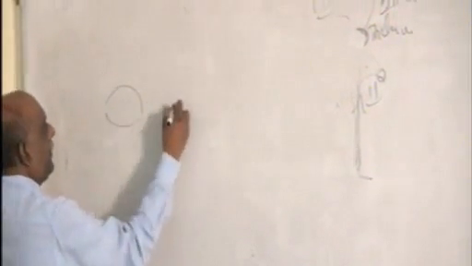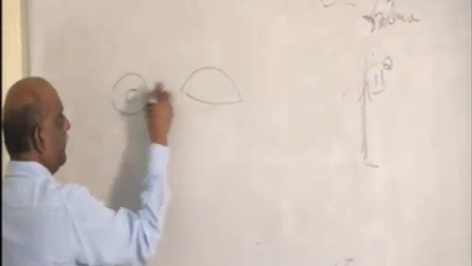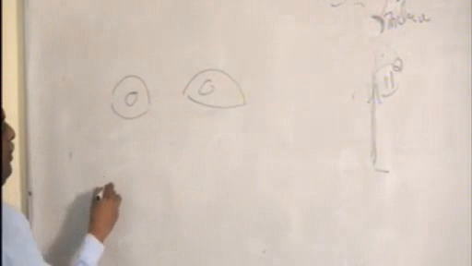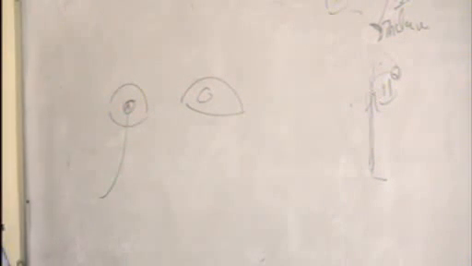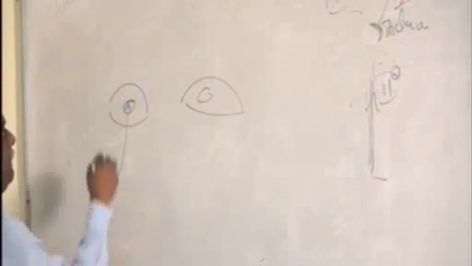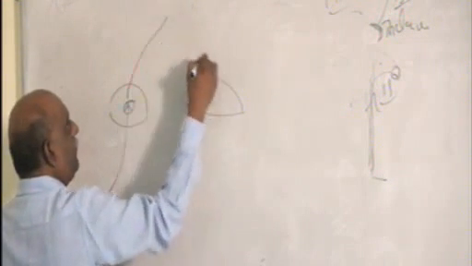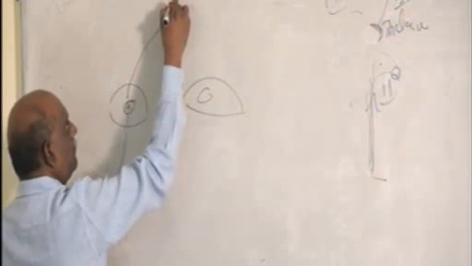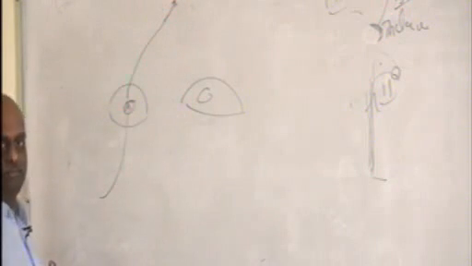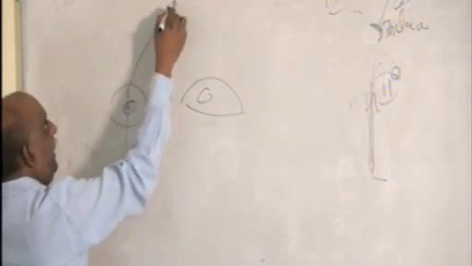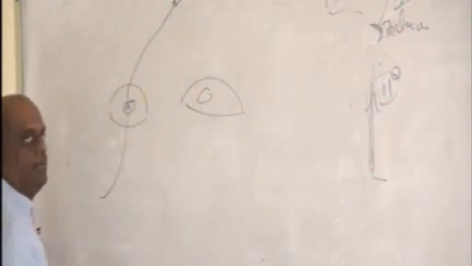There is the retina, doctor. You have thrown light on the retina in one eye. There is an optic nerve which is going and becomes the optic chiasma.